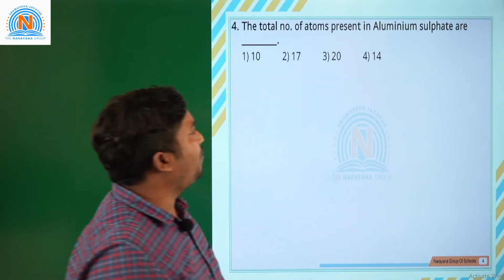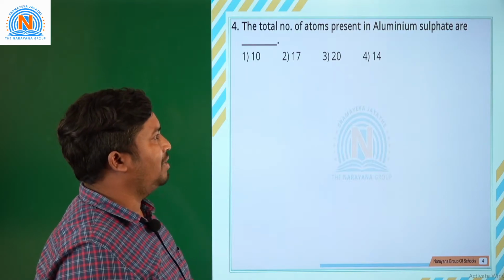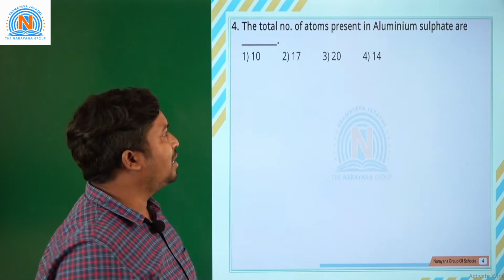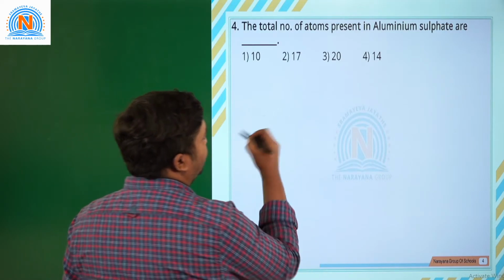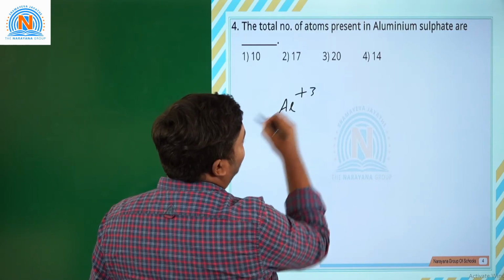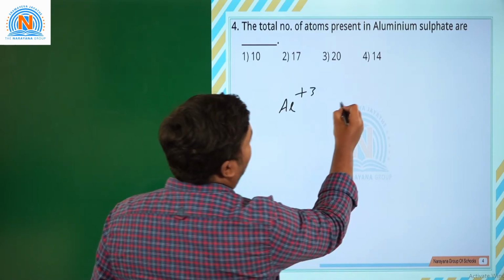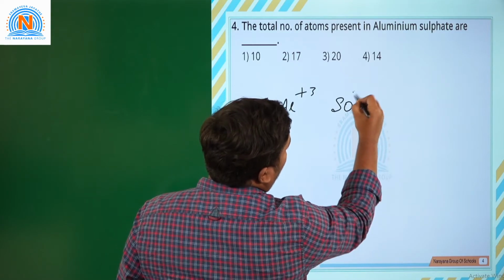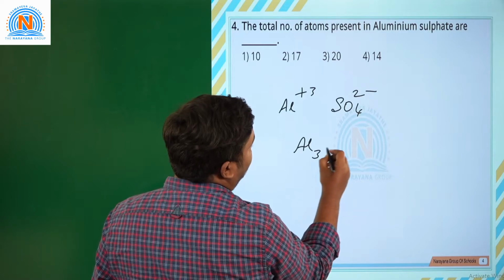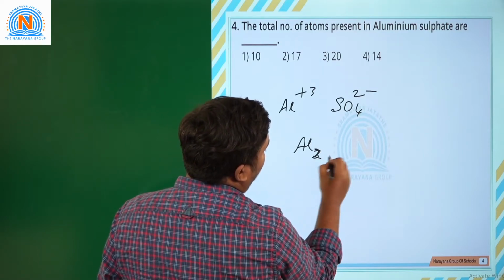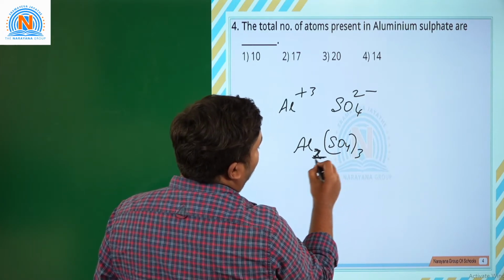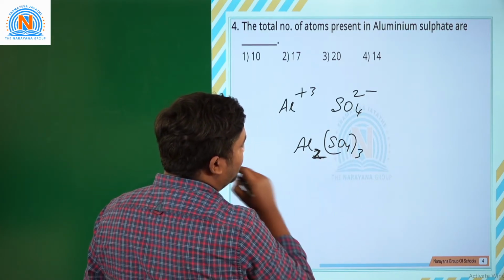The total number of atoms present in aluminium sulphate are, let us check this. Aluminium sulphate is formed when aluminium ions Al3+ and SO4 2- combine. So on the crisscross method it forms Al2(SO4)3. Aluminium taken twice and SO4 taken thrice.